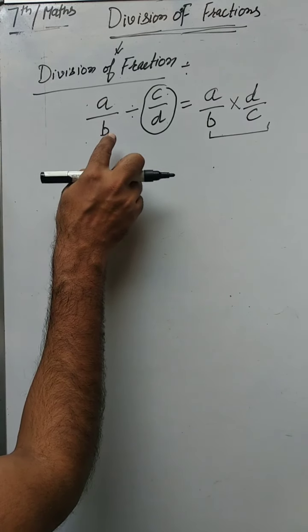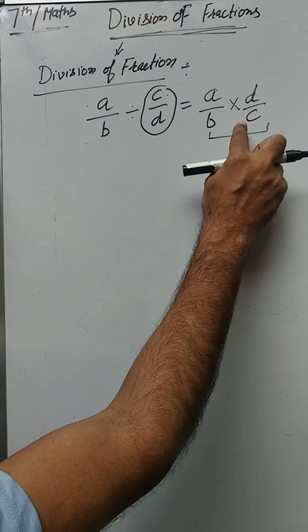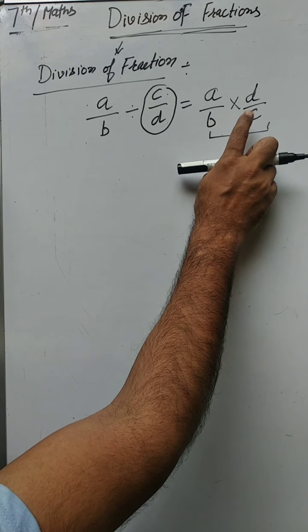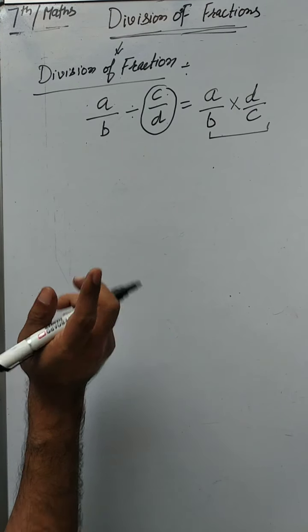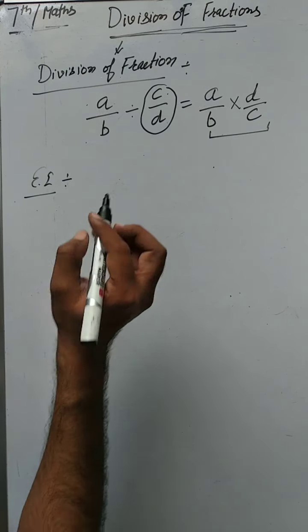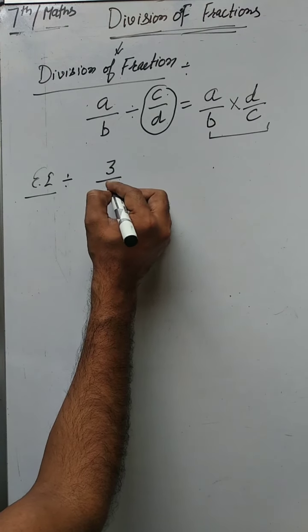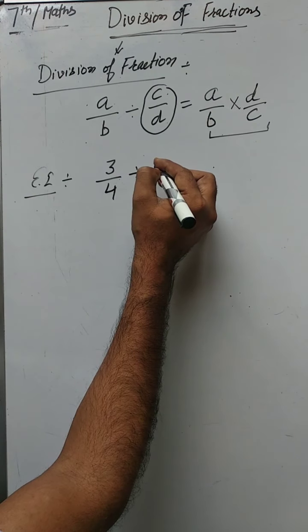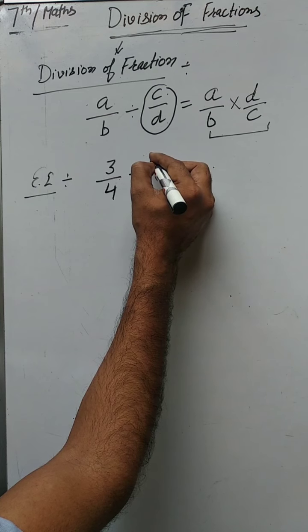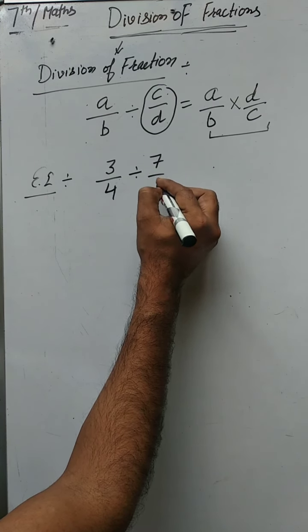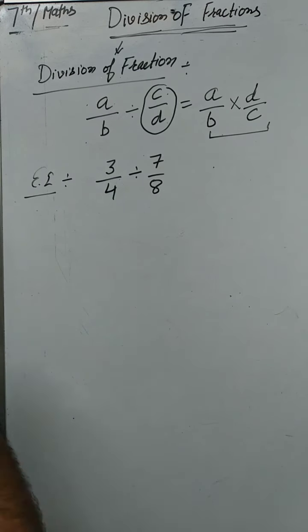Now the question of division becomes a question of multiplication. You know how to multiply two fractions. Understood beta? For example, if I have a fraction 3 upon 4, I want to divide it with 7 upon 8.